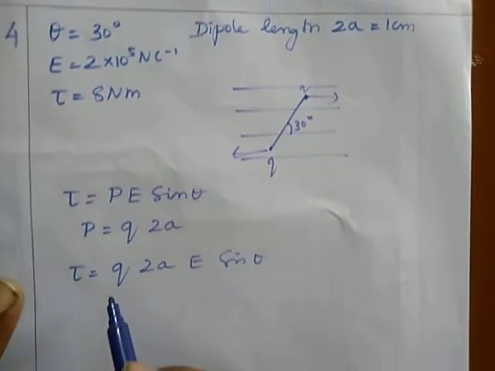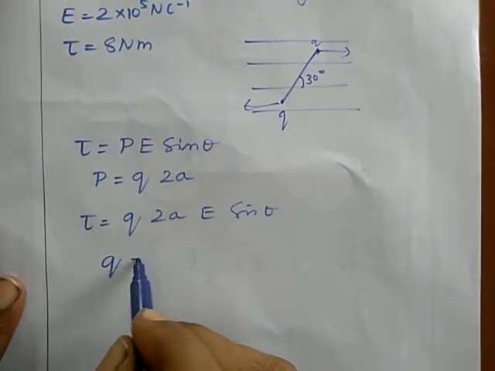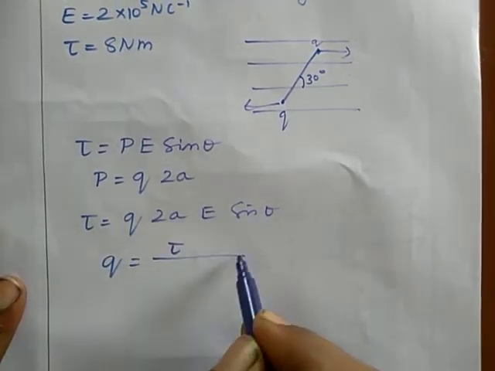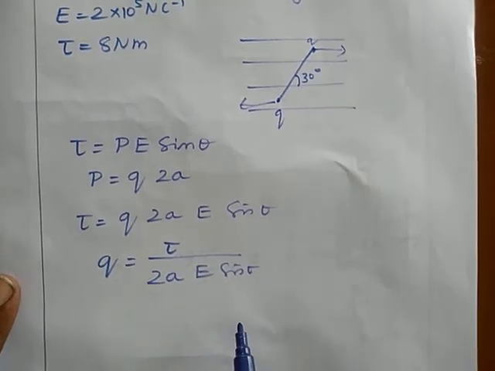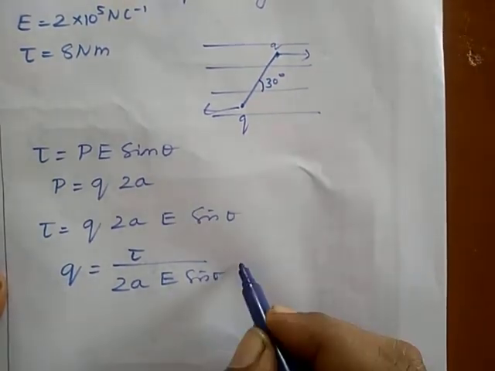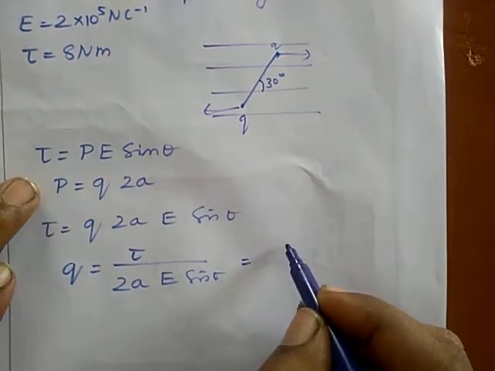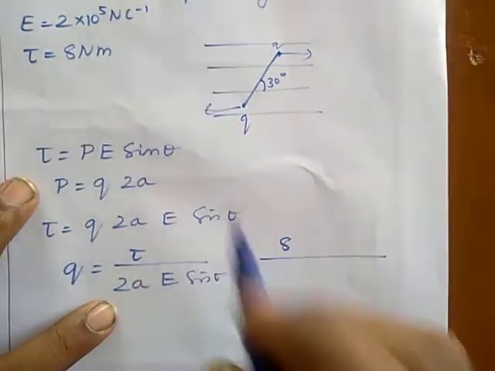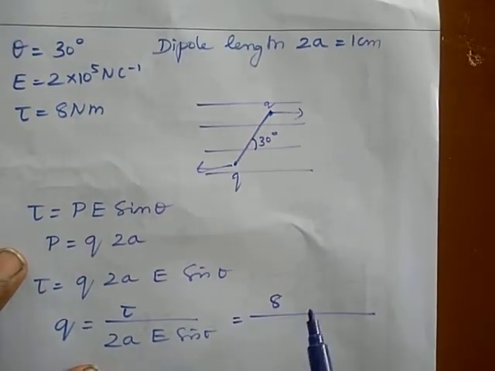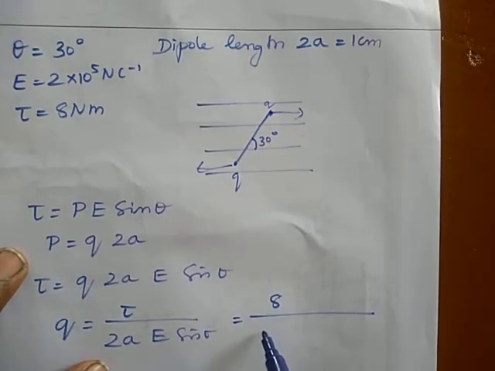We need the value of Q alone, so Q is equal to tau by 2a E sin theta. Substitute the given values: the torque is 8 Newton meter, divided by 2a, the dipole length, that is 1 centimeter. Convert into meter: 1 into 10 power minus 2 meter.